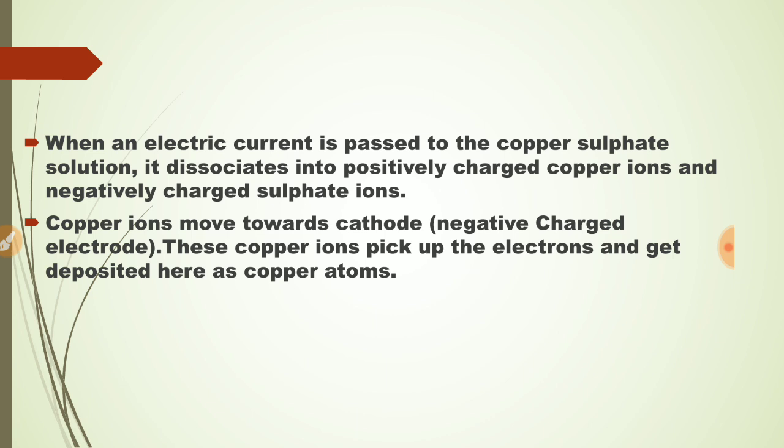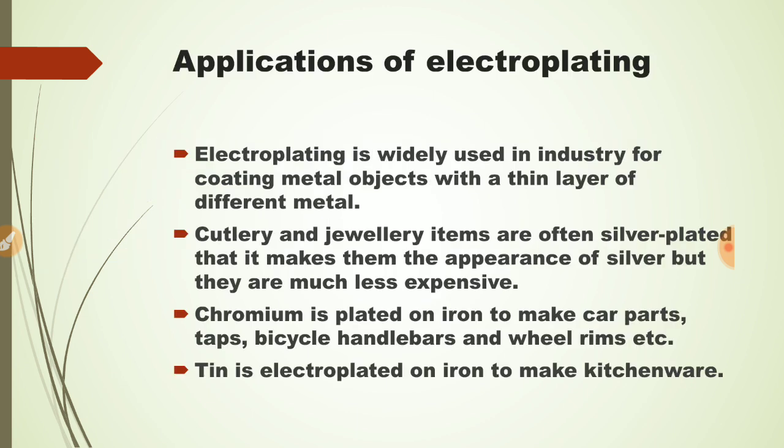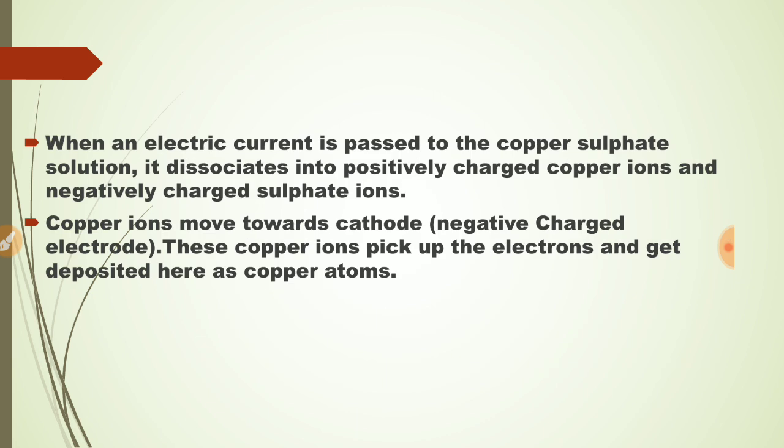Copper ions move towards cathode, that is negatively charged electrode, and these copper ions pick up the electrons from this and get deposited here as copper atoms. So the cathode, what does it become? It starts becoming thick, and what does the anode start becoming? Thin. So this is the process how electroplating is done.